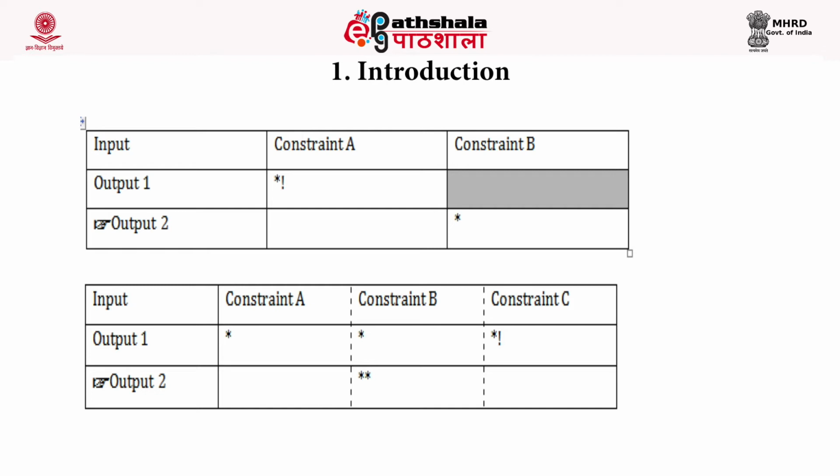Output 1 violates constraints A, B as well as C, whereas output 2 violates only constraint B, but twice. Although the constraints are not ranked with respect to one another, output 1 has more violations, so it incurs a fatal violation when it crosses two violations, like in C, where it becomes the third violation and there is a fatal mark. Therefore, output 2 becomes the optimal candidate.